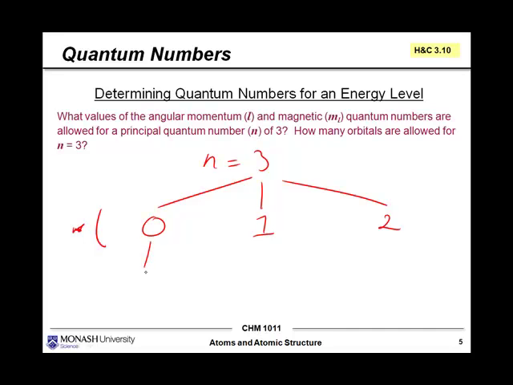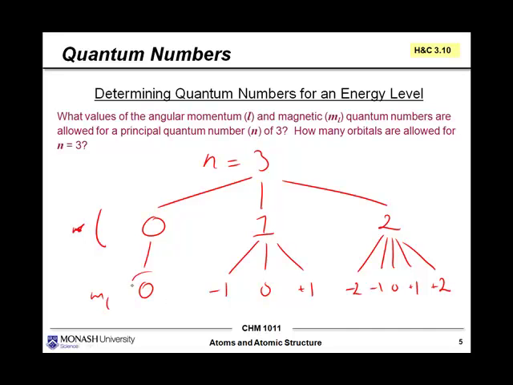In this case here, l equals 0. So ml can also only equal 0. In this case here, ml can equal -1, 0, or +1. In this case here, we see that ml can take on values anywhere from -2 to -1, 0, +1, +2.